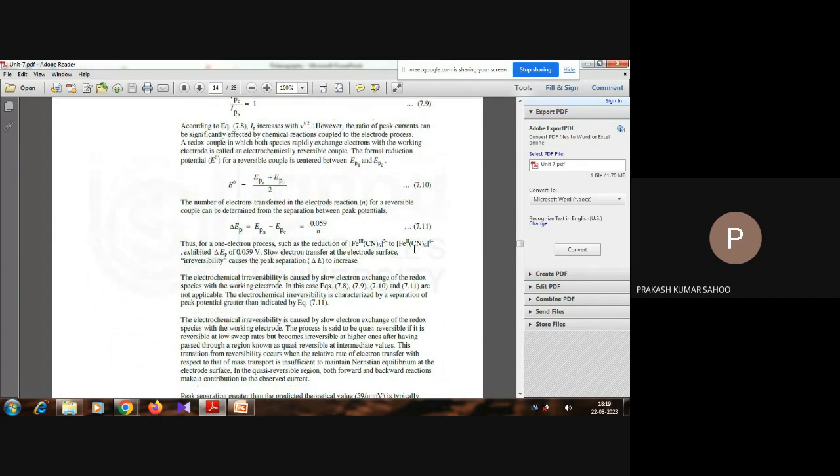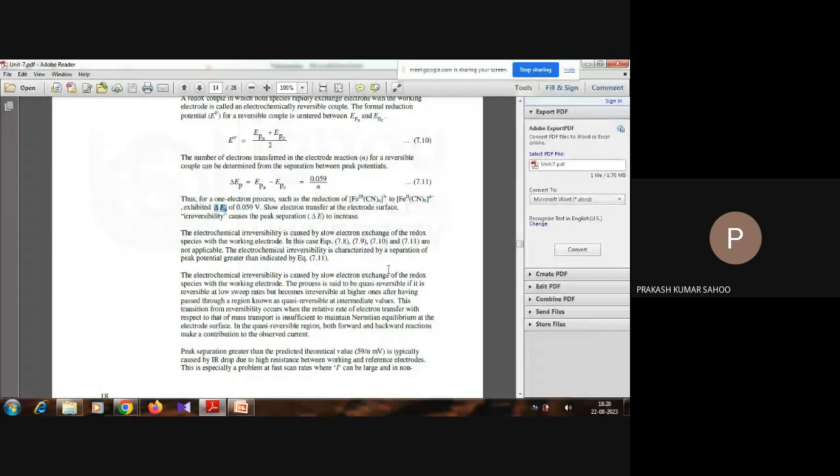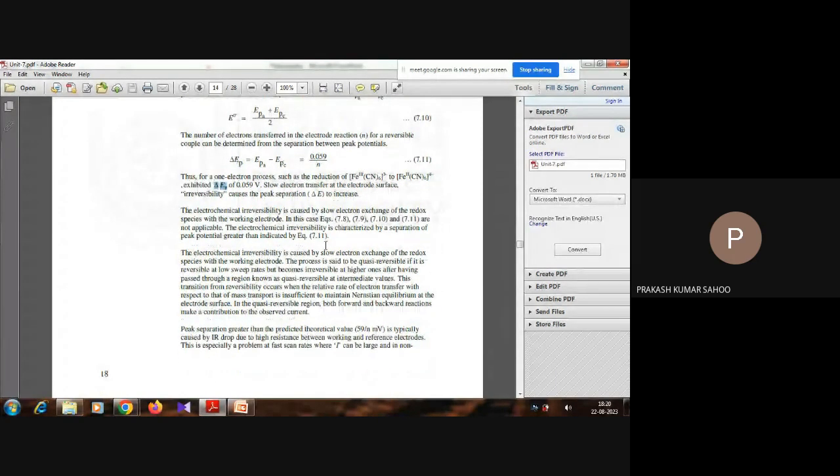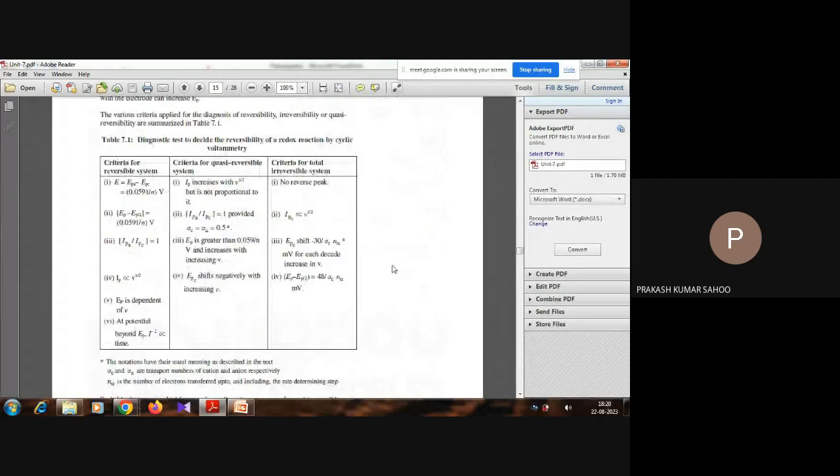Just remember in cyclic voltammetry you must write this conversion, that is Fe3 plus to Fe2 plus reduction, followed by the potential difference of 0.059 volt, because one electron gets exchanged, so that's why there will be a difference of 0.059 volt. Then here the criteria for reversible system, then quasi reversible, then totally irreversible.